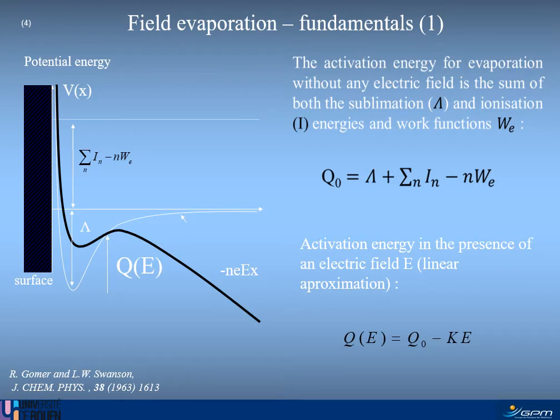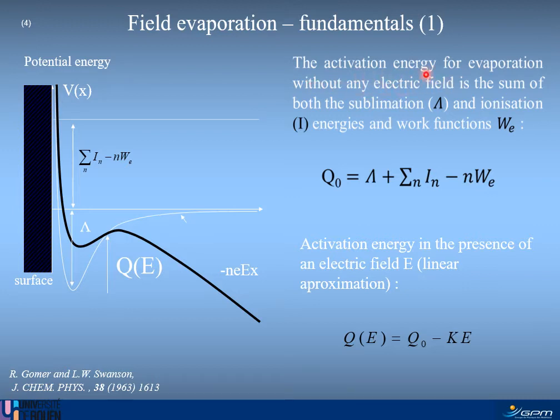So now let us come back to the fundamentals, the principles of field evaporation. What we have plotted here is the potential energy of atoms or ions as a function of distance from the tip surface. This is the surface, and here the distance, the x axis. So the first step is, what is the activation energy for the evaporation of a surface atom without any electric field?